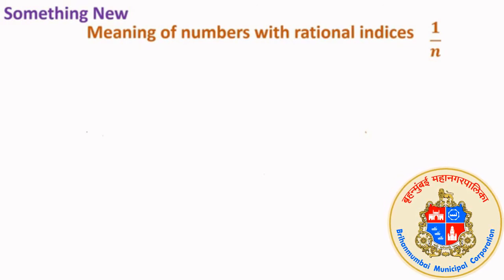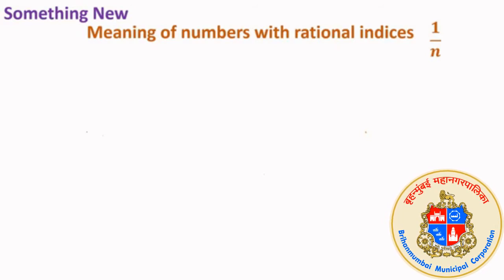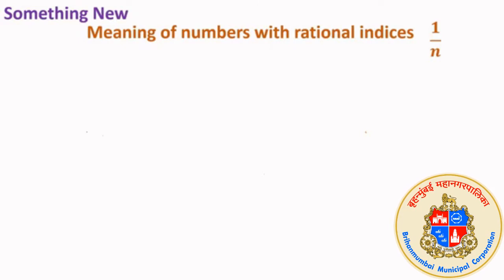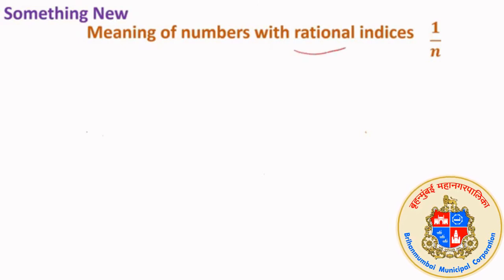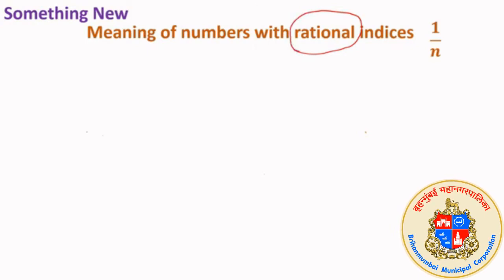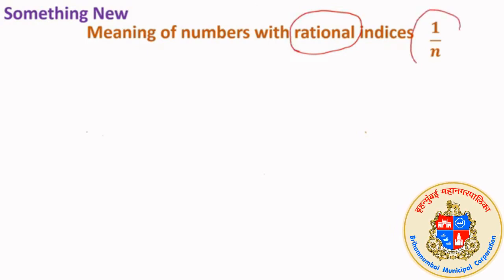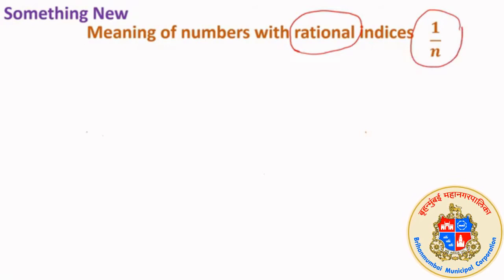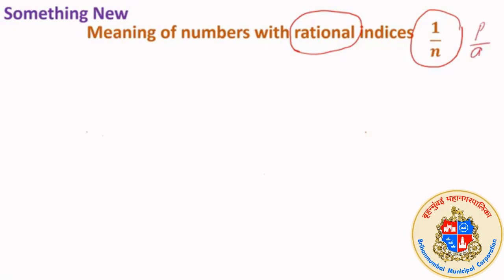This chapter is dealing a little bit more. What is new is called rational indices. Indices having a rational number as index, in P upon Q format. This is new.